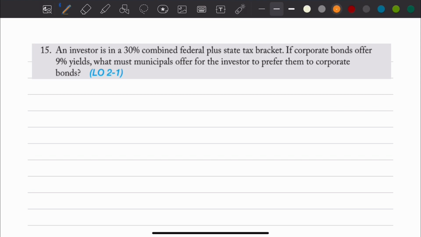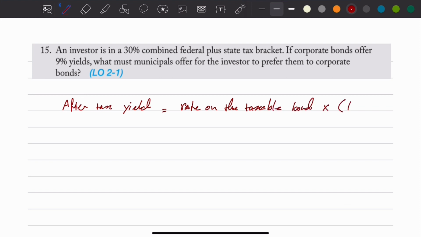We need the same formula that we used for the previous exercise, which is the after-tax yield calculation, which says after-tax yield equals the rate on the taxable bond multiplied by 1 minus the tax rate.